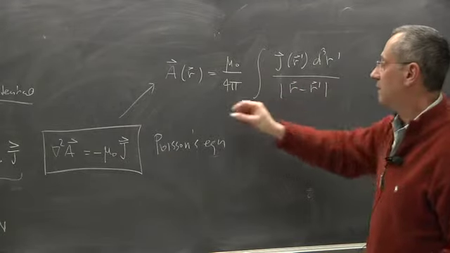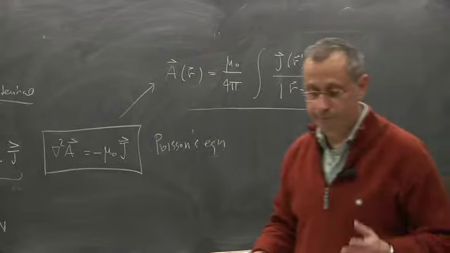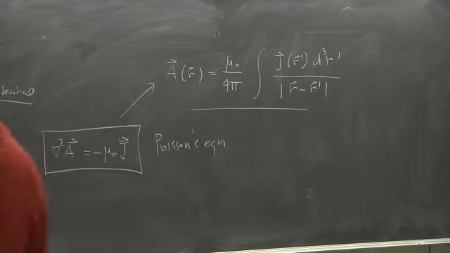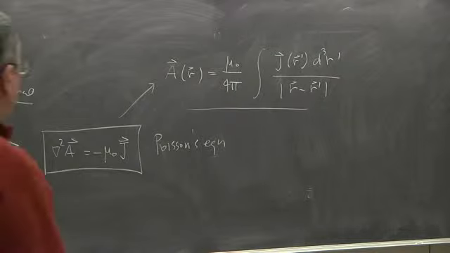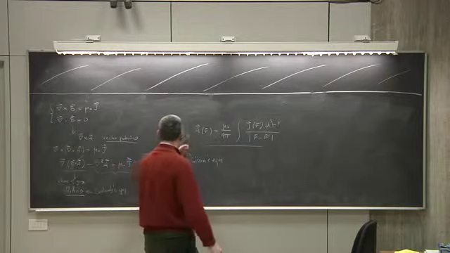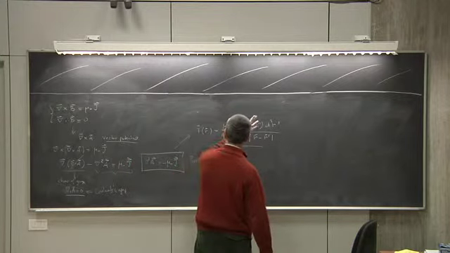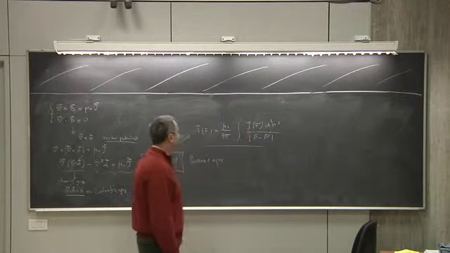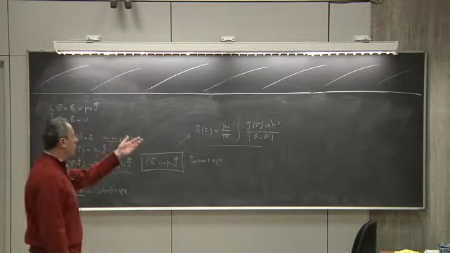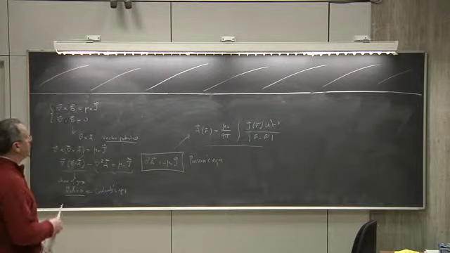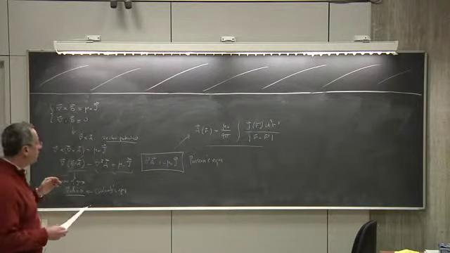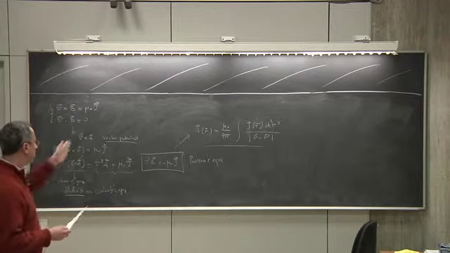So it's a very incremental increase in difficulty. I just have three components because A is a vector, but each of those components has a solution of exactly the same Poisson equation that I had previously in the electrostatic situation. Instead of having the charge density, I have the current density in that direction.